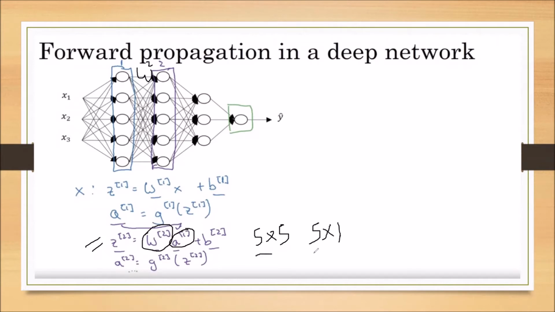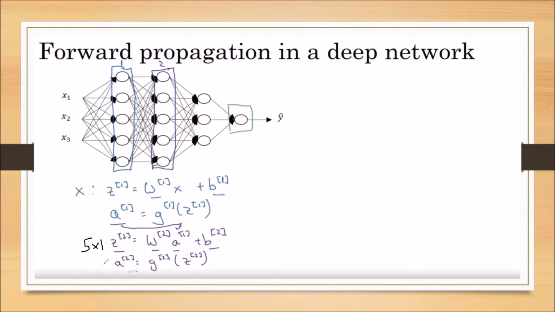So we multiply a 5 by 5 matrix with a 5 by 1 matrix and the resultant is a 5 by 1 matrix. B2 is again a 5 by 1 matrix. Adding them, the Z matrix is 5 by 1. It indicates the matrix for the activation units of the second layer, for which we find the Z value.